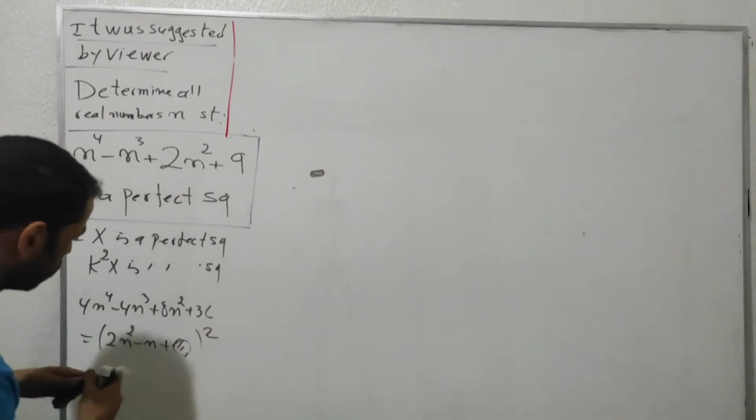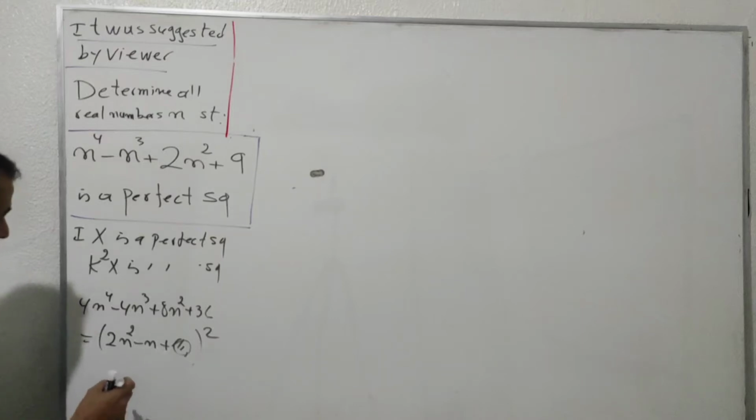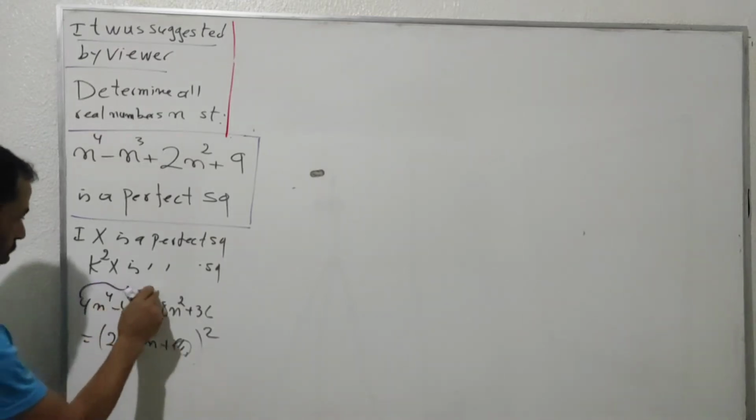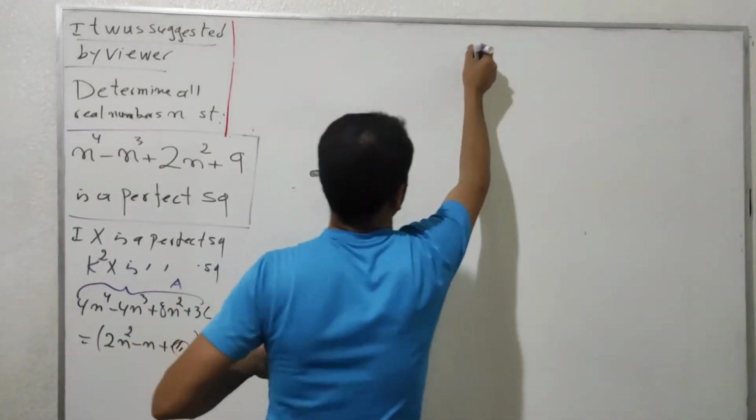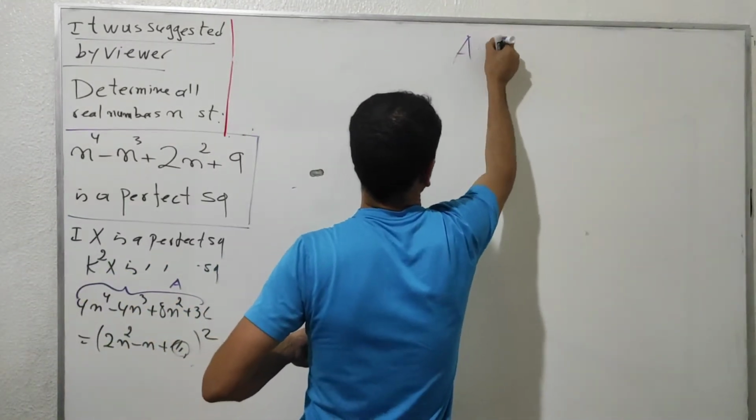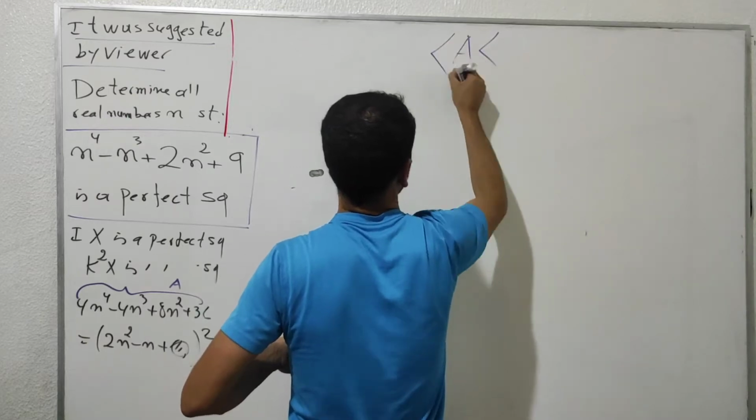Okay, going to transfer this into an inequality. Let's call this one capital A. Okay, so we have this capital A as a perfect square, so it will be between two squares.